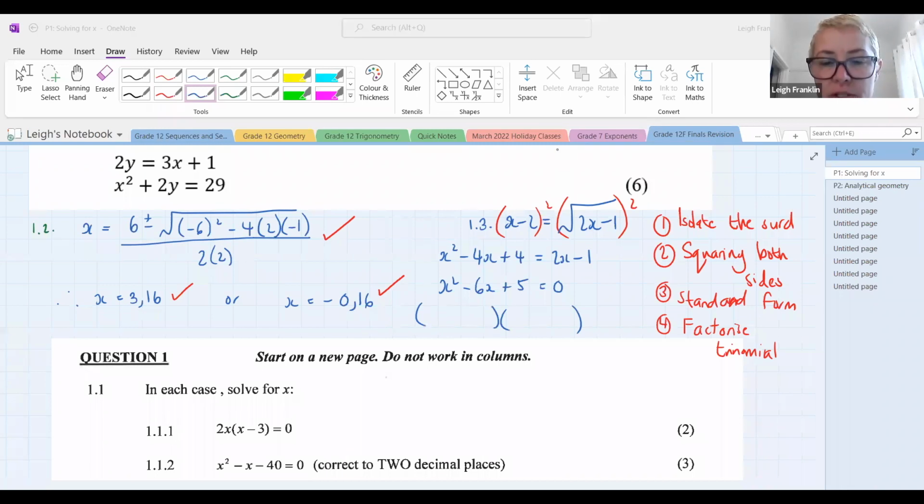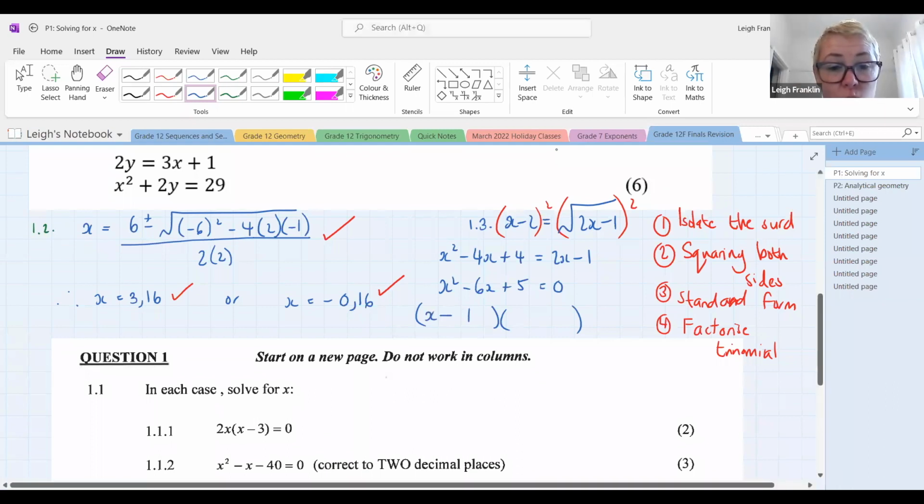Okay, are they positive or negative? Yeah, both would be negative. Quite right. Okay, so it would be x minus 1 times x minus 5.